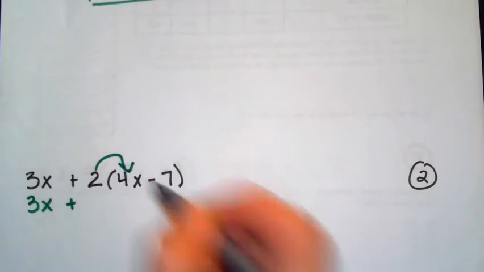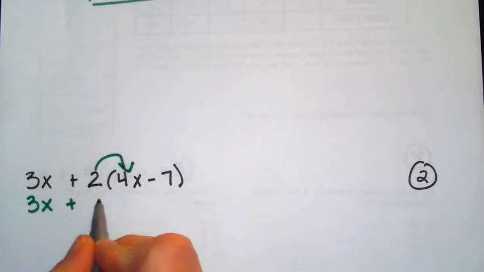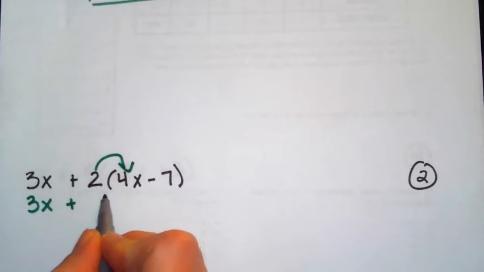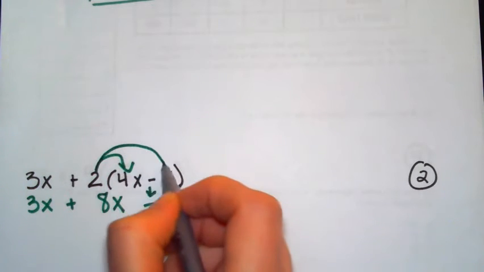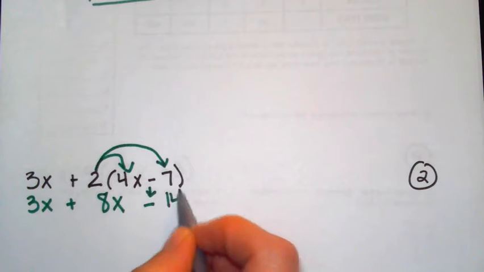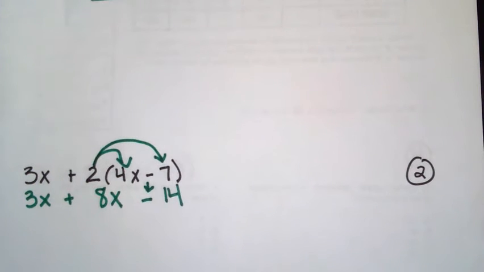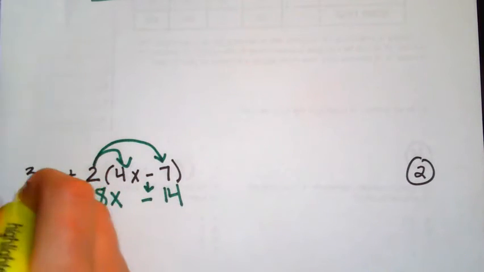Now we do distributive property. 2 times 4x is 8x. Drop down the minus. 2's got to say hi and multiply with 7. That's 14.